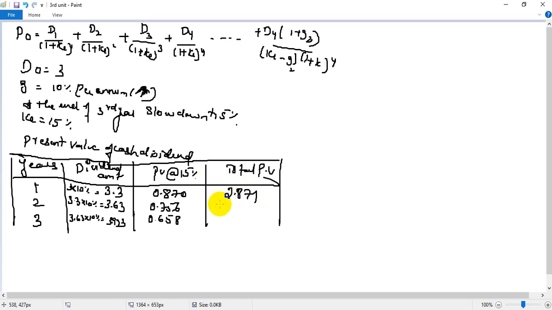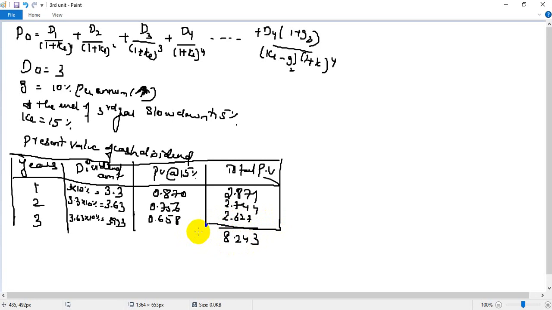Second, 3.63 into 0.756, it will be 2.744. 3.993 into 0.658, 2.627. If you add them all, it will come to 8.243. This is nothing but your present value what we got.